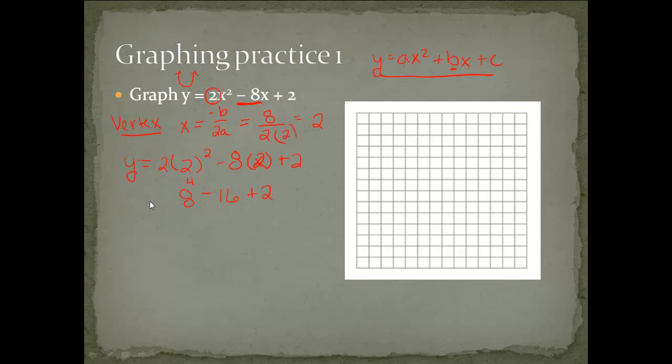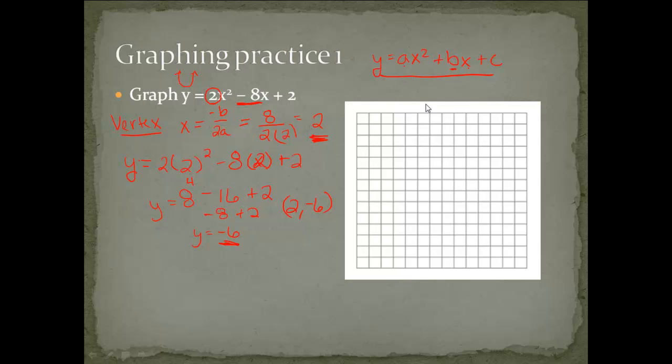And then we can just add from left to right. So 8 minus 16 would be negative 8. Negative 8 plus 2 is negative 6. So my vertex is at the ordered pair 2, negative 6. And that's going to be the starting point for my graph. That is one point you have to have on every single graph you do.